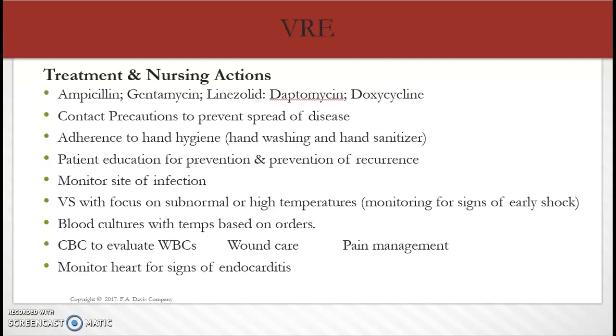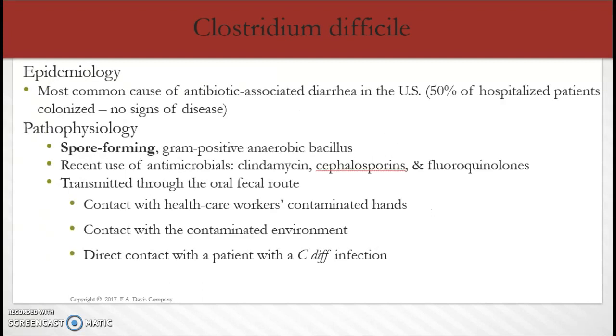And you may even see them order echocardiograms and things to double check that as well. Lastly, C. difficile or Clostridium difficile. It's the most common cause of antibiotic-associated diarrhea. 50% of hospitalized patients will be colonized, and may not show any signs of the disease.